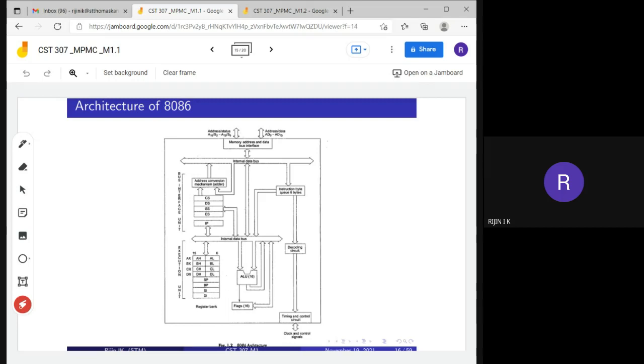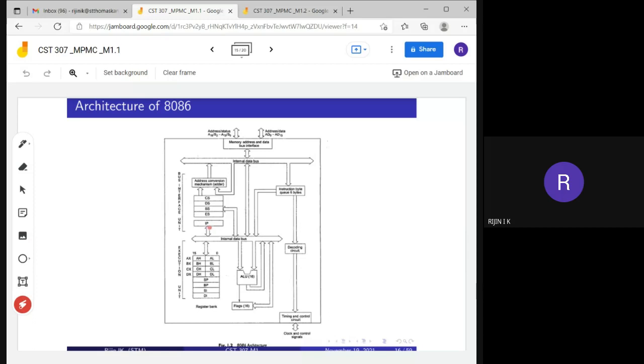So these are the four segment registers. First one is CS, which is the code segment. Then DS, the data segment. SS, the stack segment, and the last one is the extra segment. These are the four segment registers available in the 8086 microprocessor.